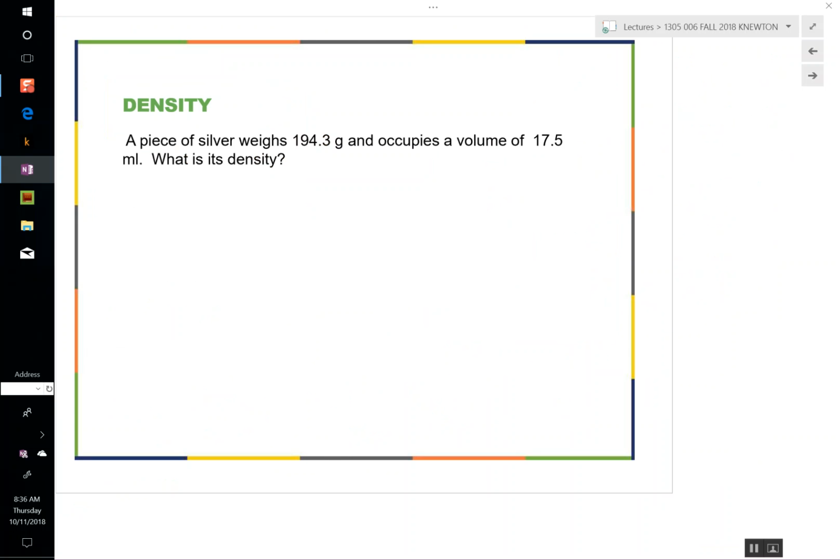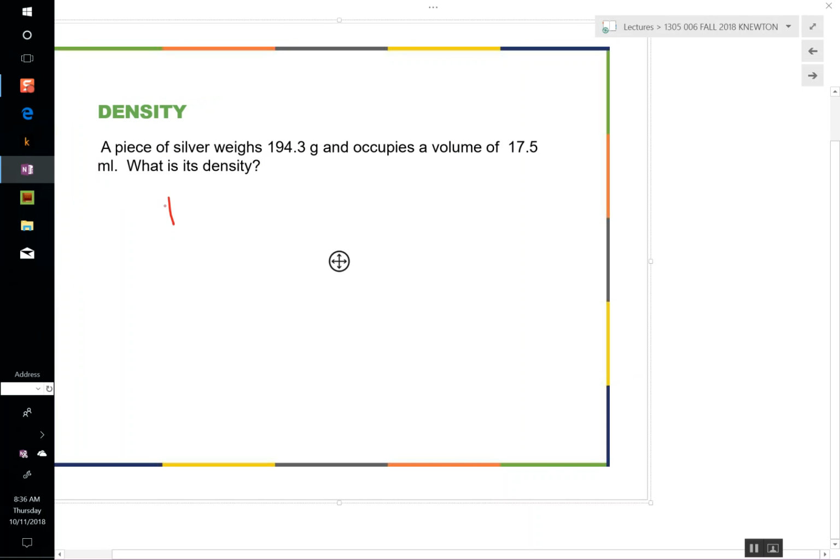So we've got this equation. Density equals mass over volume. And this is fairly basic. This is review, but let's walk through a couple of these and lean hard on our simple algebra to solve some of these problems.